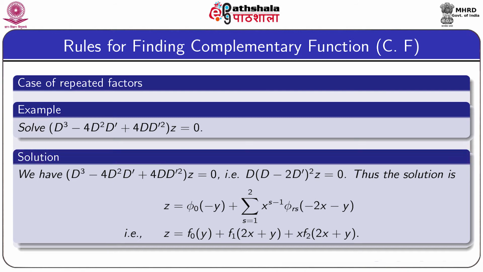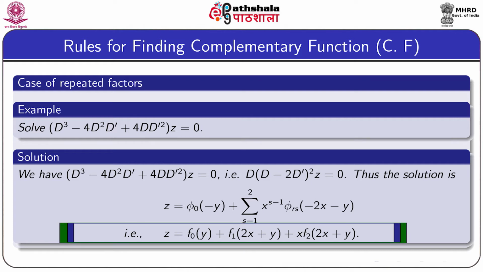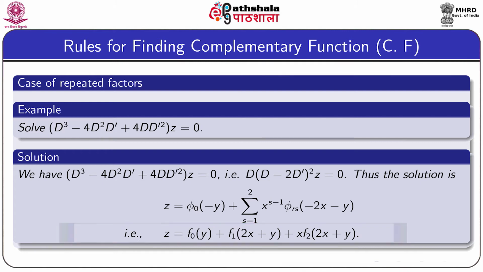One can assume instead of φ another function f, where f0 of y is φ0 of minus y, and fr of minus 2x plus y is φr of minus 2x minus 2y. So, this is the general solution of the given equation where the roots are repeated.